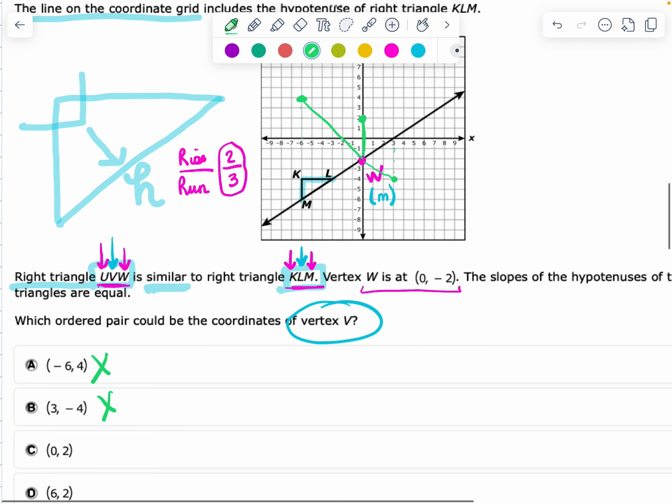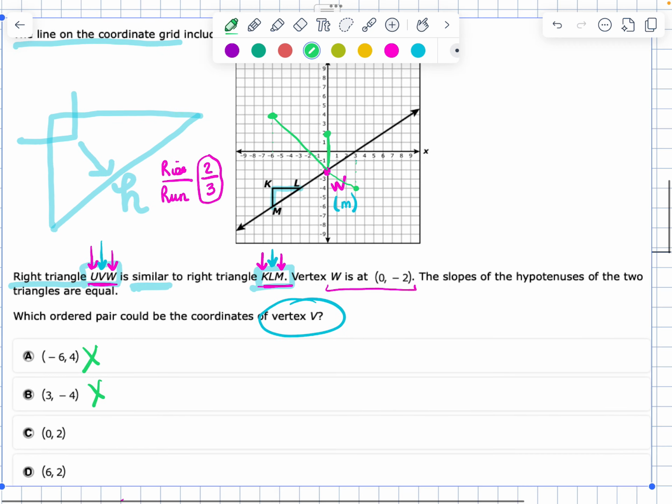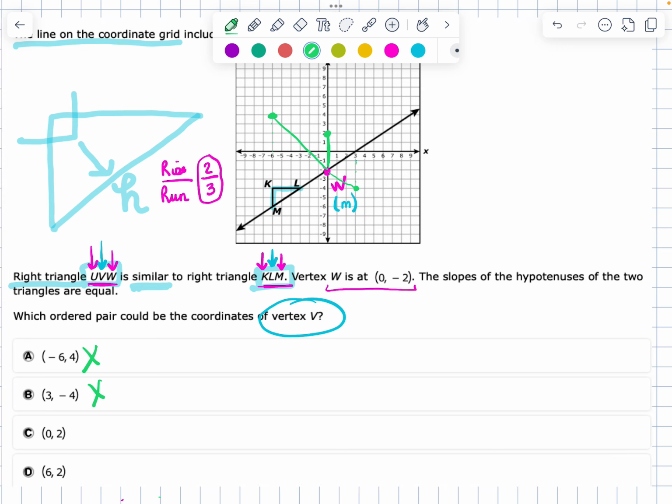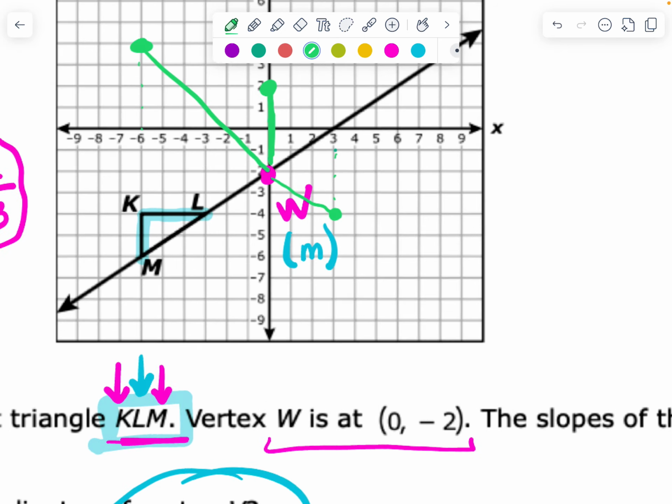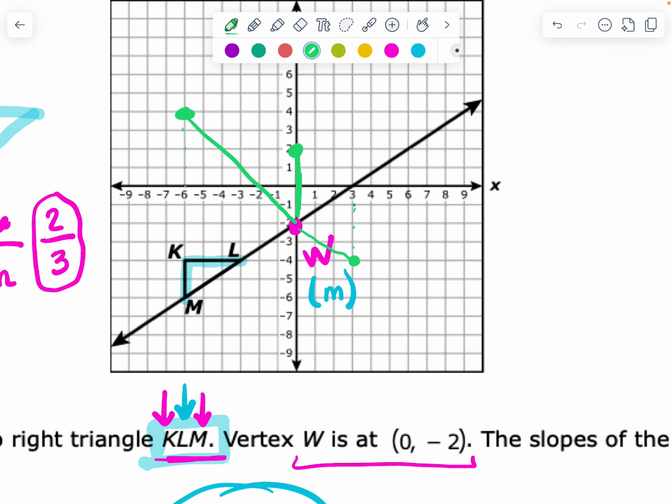So now D better be our answer, or we have done something seriously wrong. And that's (6, 2). Let's see. There it is, right on that line, which is what we expect. So now we can see we've got this triangle right here.